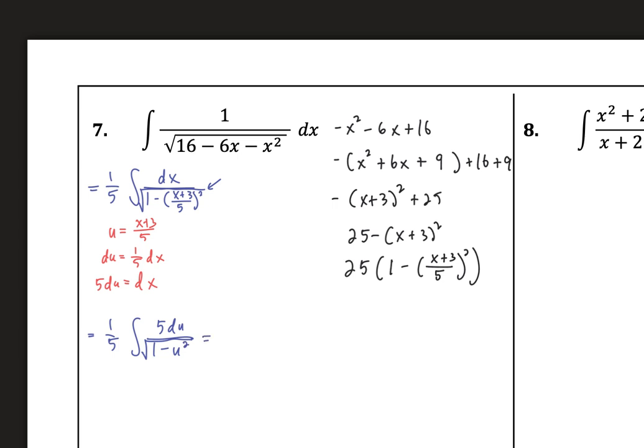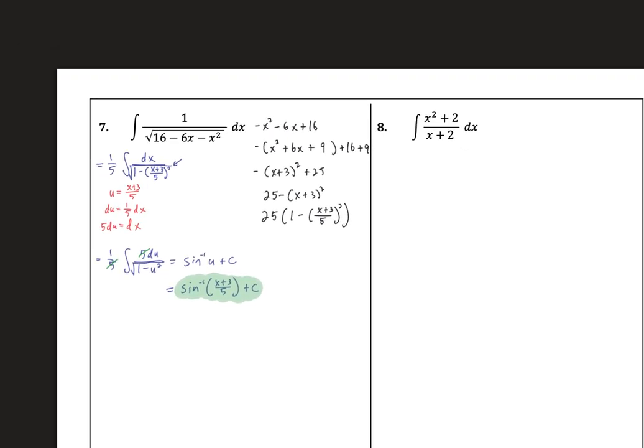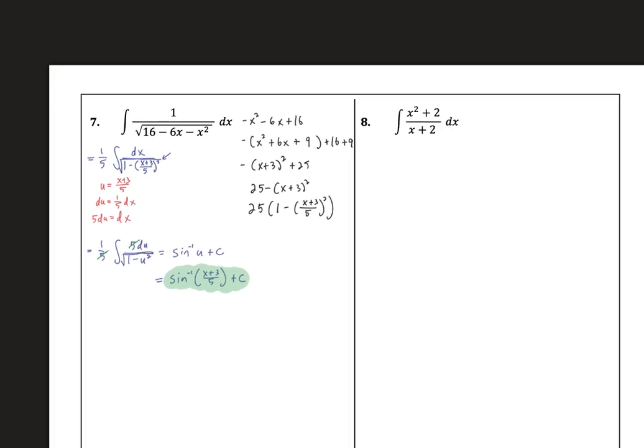And then now the 5s cancel. So this really just ends up being inverse sine exactly of u. Just put that u back, the x's. And that's it. Real common, real common that.